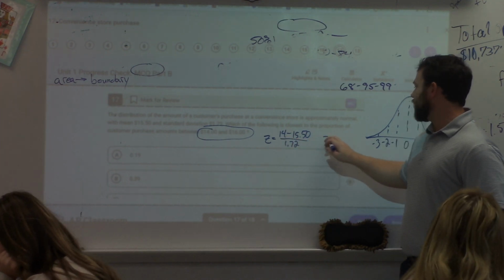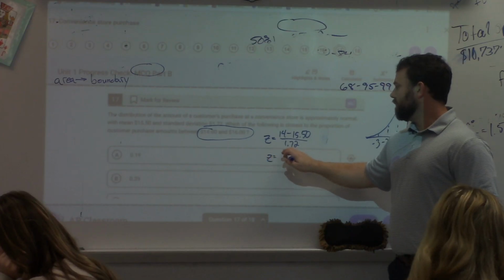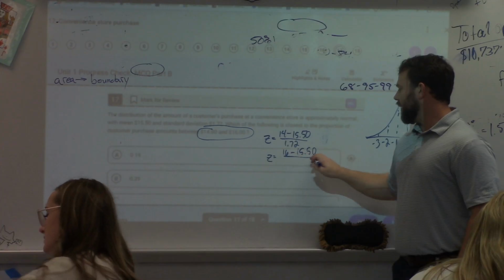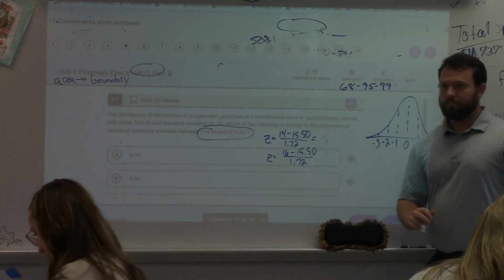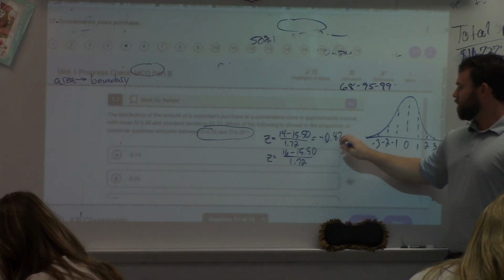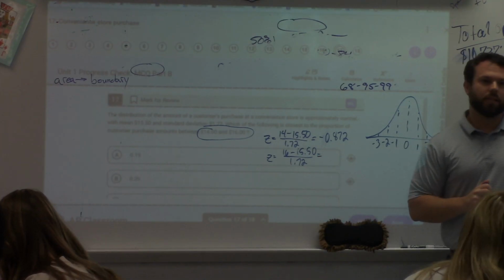I need that z-score, so someone please calculate it. No, stop guys. 16 minus 15.50 divided by 1.72. It's negative 0.87209. Second z-score?